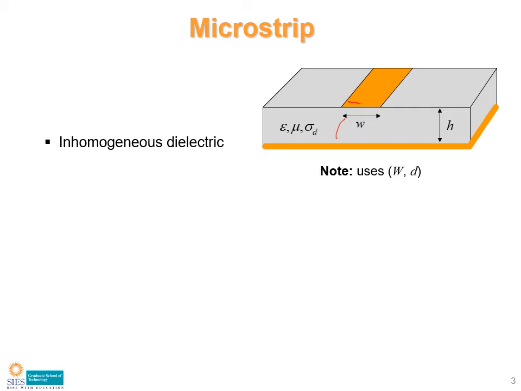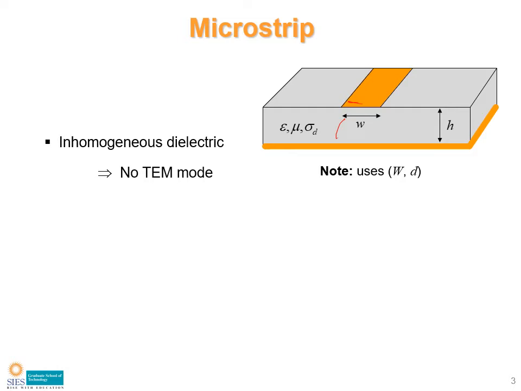So the total dielectric material within this microstrip line is called an inhomogeneous dielectric, because one of the dielectrics is air and the other is the dielectric we use for construction of this microstrip line. Because of this inhomogeneous dielectric, no perfect TEM mode propagation is possible.